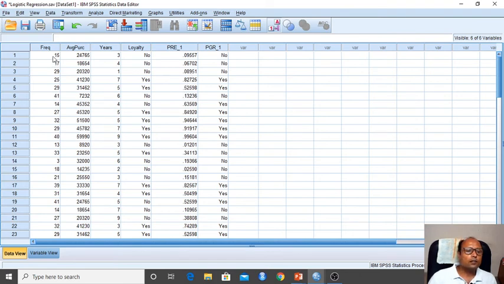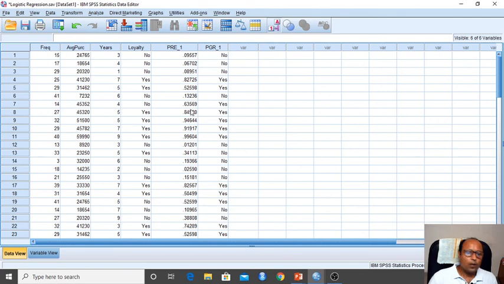So here, in this case, the first observation has a frequency value of 15, average purchase of 24,765, and years of experience 3. The respondent was non-loyal, and the probability value using that logistic regression equation turns out to be 0.9557. So the equation classified them as non-loyal, which is an accurate classification.